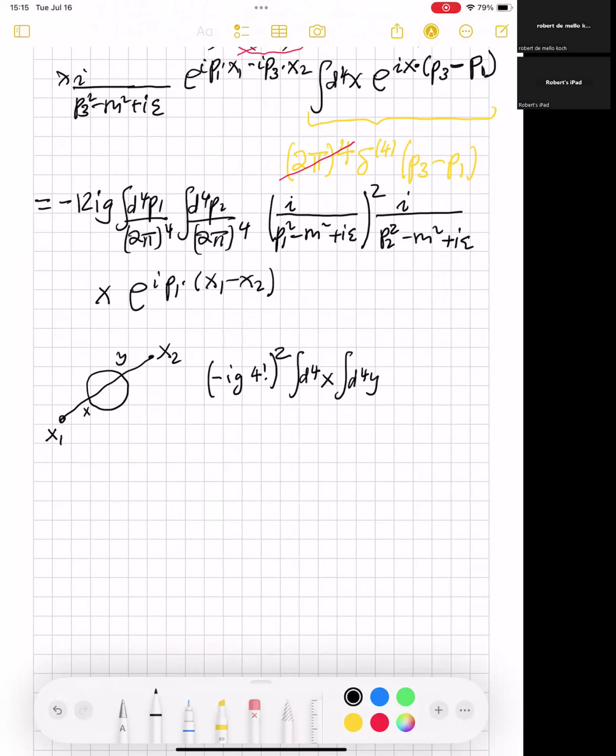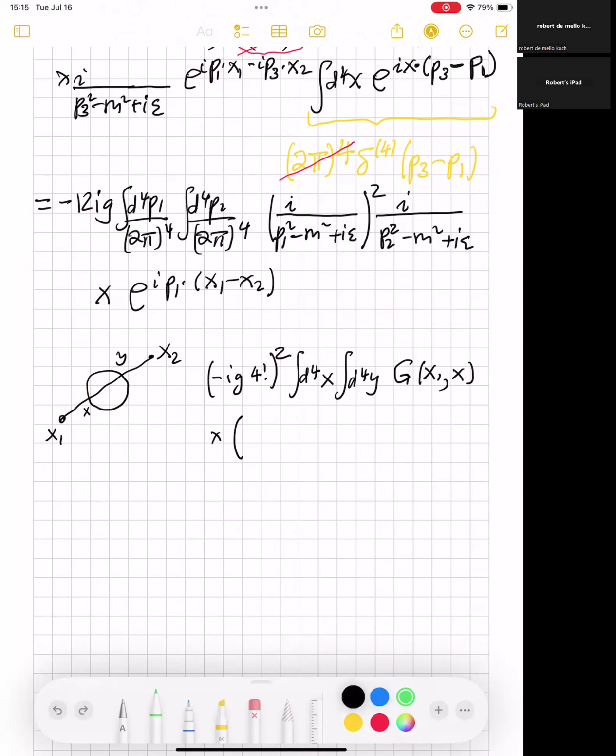And now we need to start putting in the rules for the lines. So we've got one propagator going from x1 to x, so we'll have G(x1, x). And then there are three propagators going from x to y, okay? Here's one, here is one, and here is one. So there's actually three propagators going from x to y.